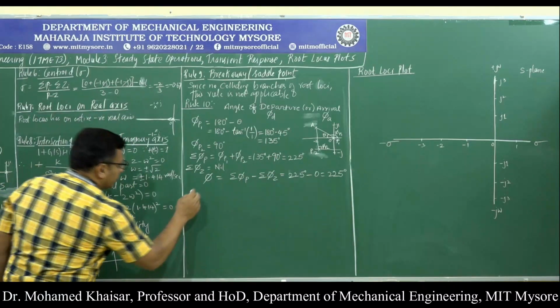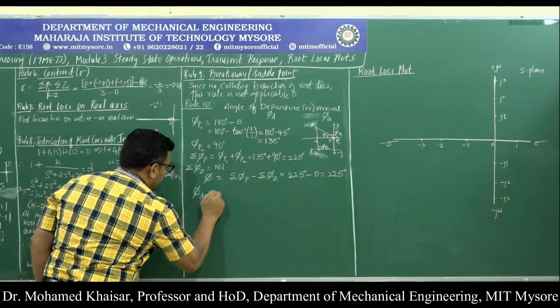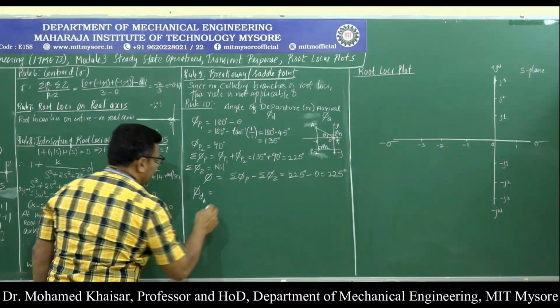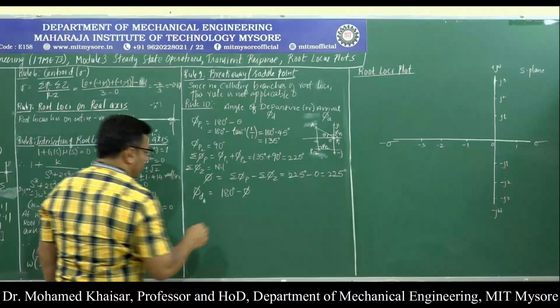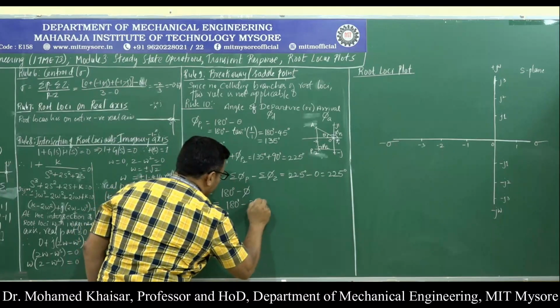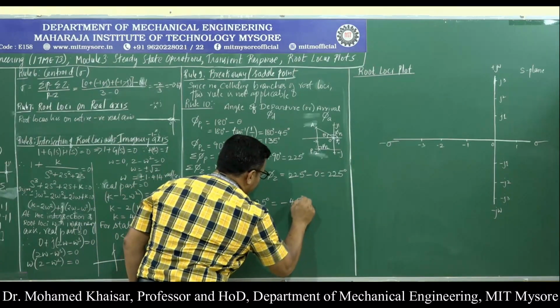Now what we find is phi, the angle of departure for the pole A. This is given by the formula 180 degrees minus phi, which is 180 degrees minus 225 degrees. This is given by minus 45 degrees.